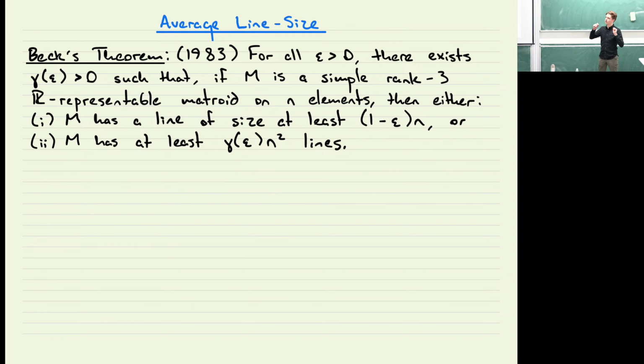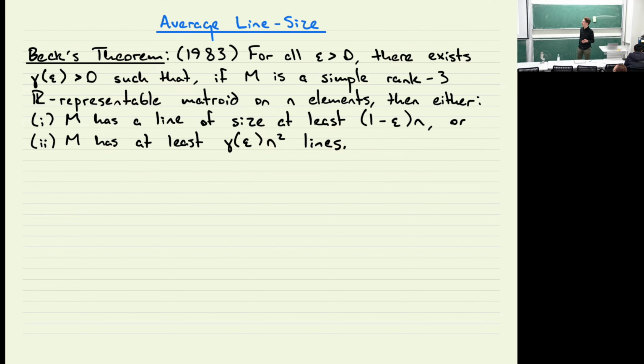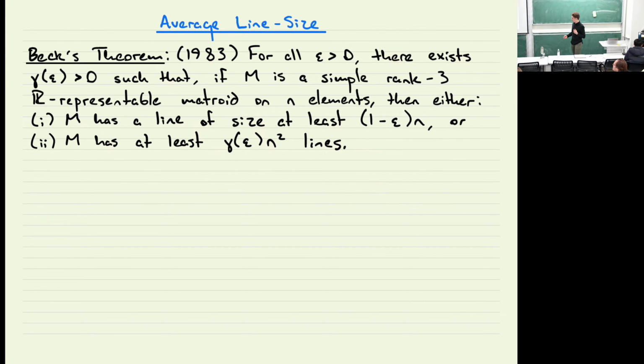So the first thing we need in order to tackle this problem is a really good approximation for the number of lines. And because any matroid can have at most quadratically many lines, when you find quadratically many lines, that's as good of an estimate as you can ask for. And so that's how we're going to use Beck's theorem.